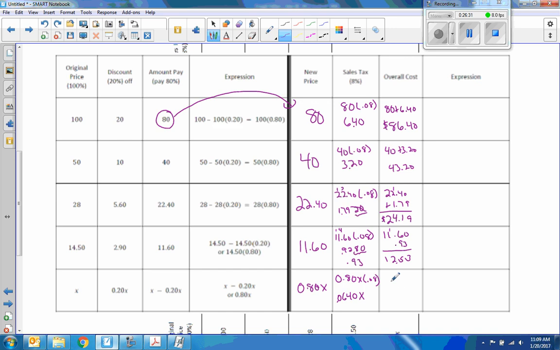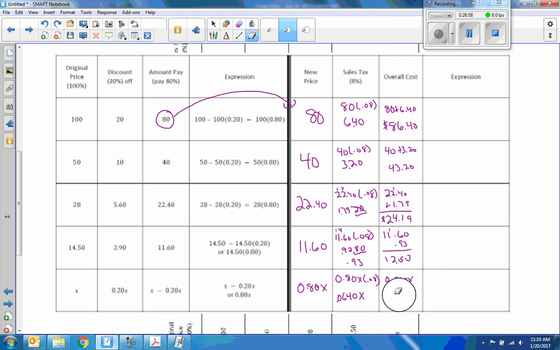So my answer is going to be 0.8x plus 0.064x. Okay, let me rewrite that as a little less.